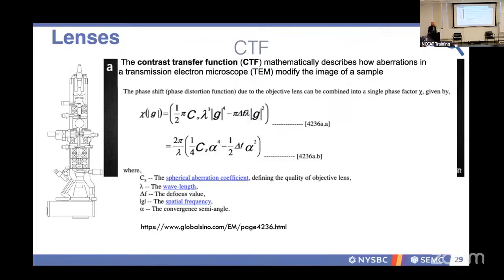What that means is that the microscope is not perfect. There are aberrations introduced by the microscope itself, and we can model the aberrations due to certain factors and intrinsic values of the microscope, and we need to correct for that. With any microscope, whether a light microscope or an electron microscope, there are aberrations that we can account for, and then we can use that in our processing.